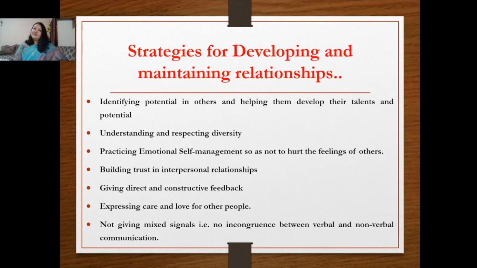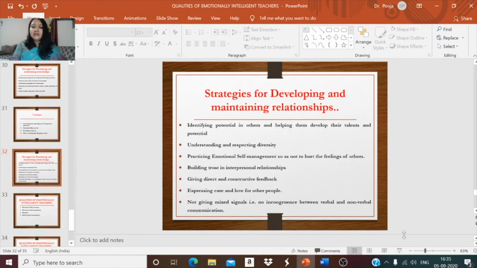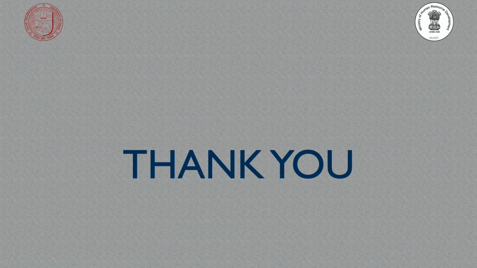Expressing love and care for other people will also help us boost our relationships. And last is not giving mixed signals. Your verbal expression is something else, but your non-verbal expression is something else. So I think they have to be in congruence, they have to be in tune with each other. So I think with these strategies we'll be better able to maintain and develop our relationships in a very, very positive and constructive way.